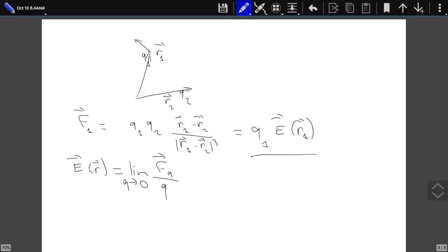That charge over there will not feel the change instantaneously. But this change in the electric field will propagate at a finite speed, at the speed of light. We will see that it propagates at the speed of light. And when that change reaches the other charge, it will feel that this charge has moved.